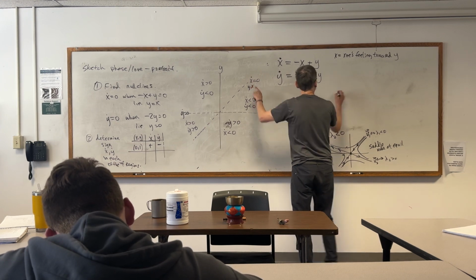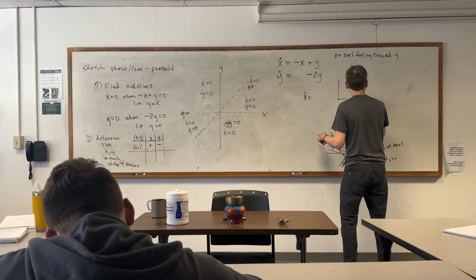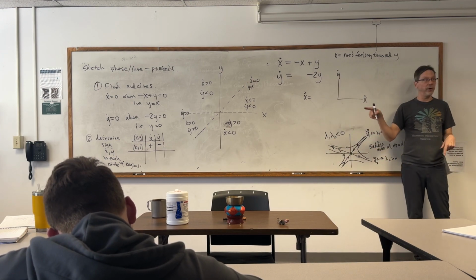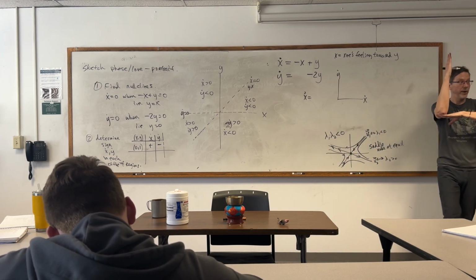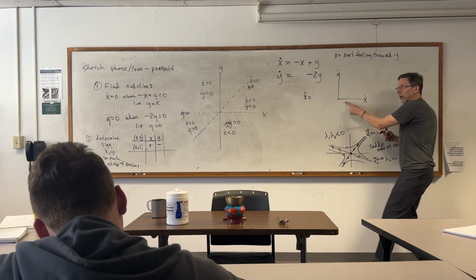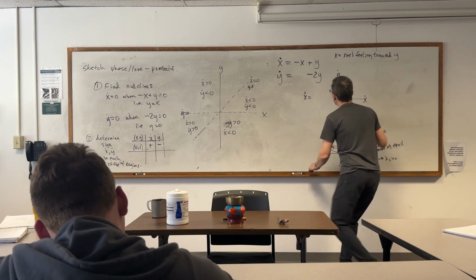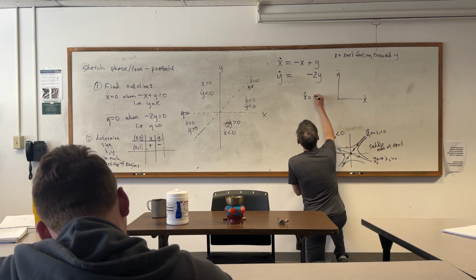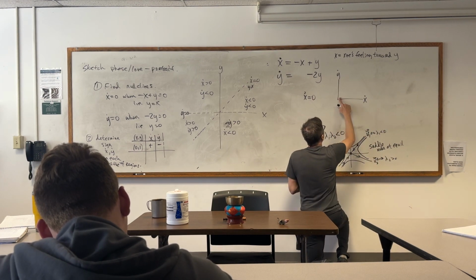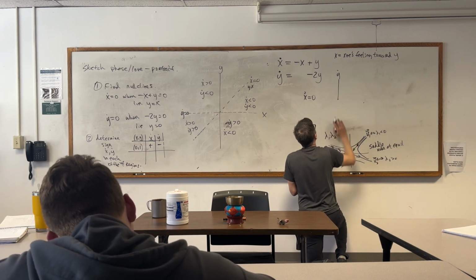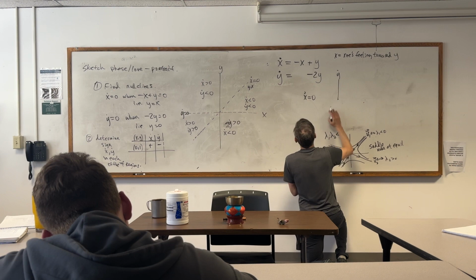Cool, let's go to x dot equals 0. Let's review this. Every vector in the plane will consist of 2 components, a horizontal and a vertical component. This is horizontal velocity, this is vertical velocity. So if x dot is equal to 0, there is no horizontal component, and it's a purely vertical motion, which is either up or down.